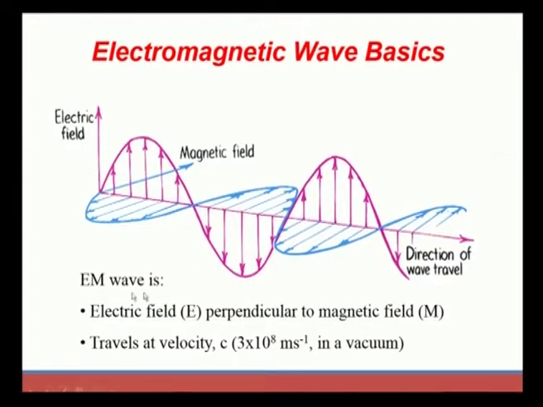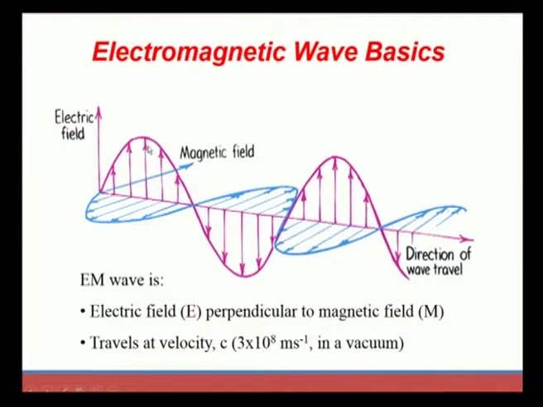By this figure we can observe how the electric field and magnetic field are perpendicular to each other. In this picture, the pink color waves represent the electric field, and these are the direction of flux, the electric field lines.